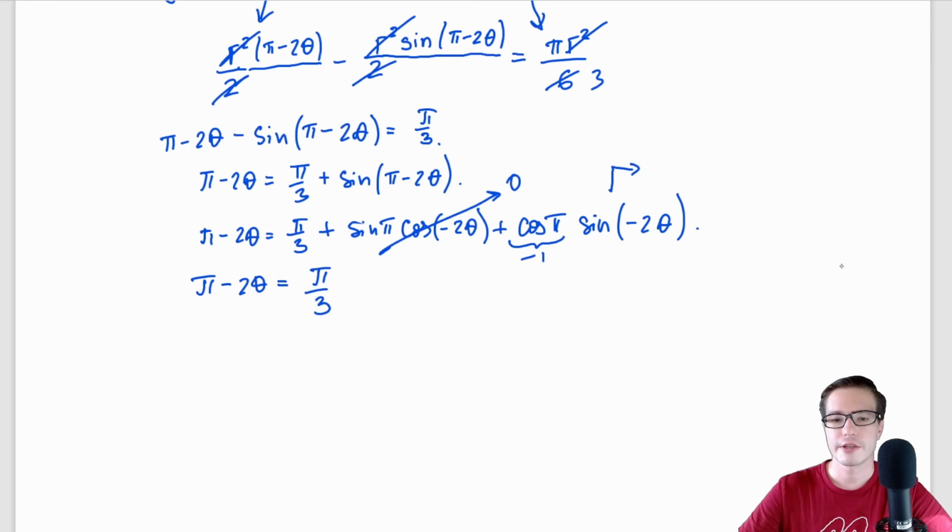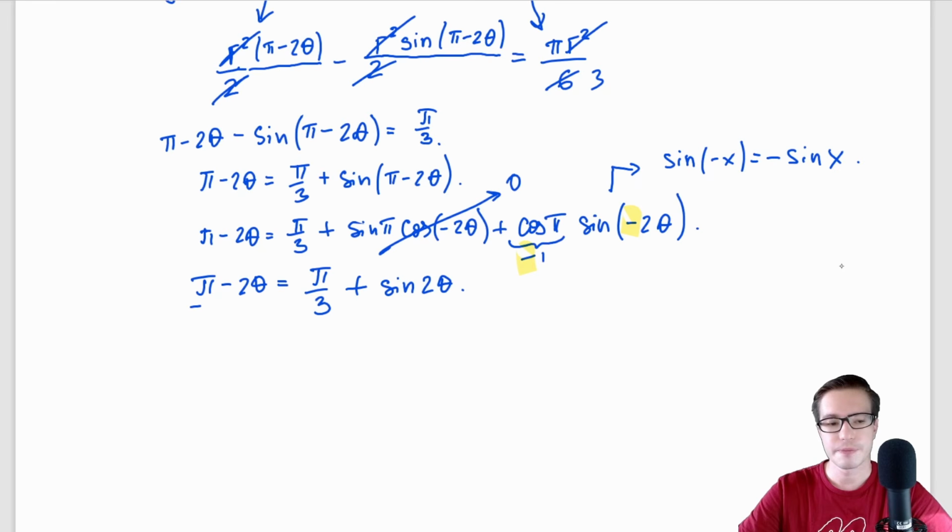And we can also take the negative sign out of the sine function, because sine minus x equals minus sine x. And then minus and minus will eventually give us a plus. Now let's subtract pi from both sides. We get minus 2 pi over 3. And divide by -2.